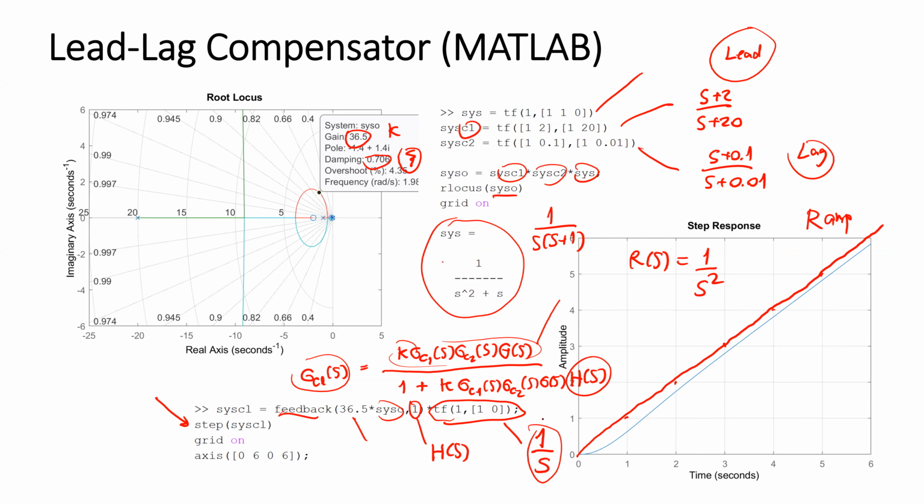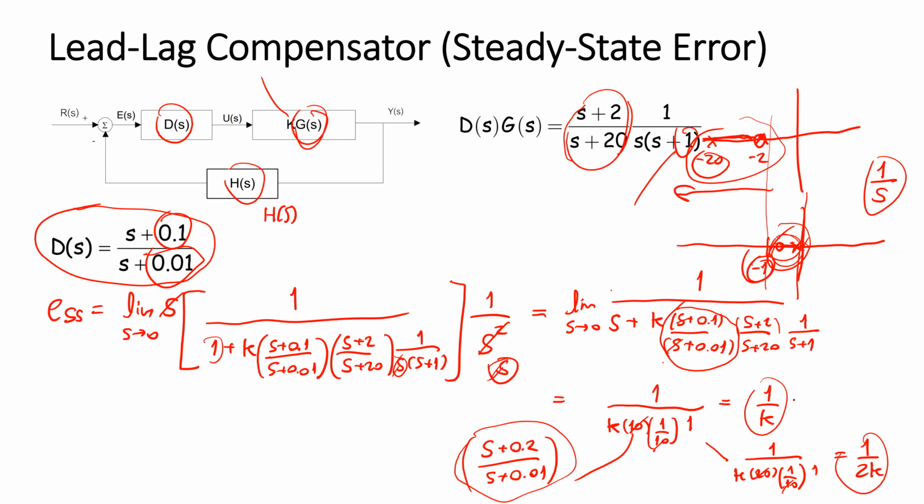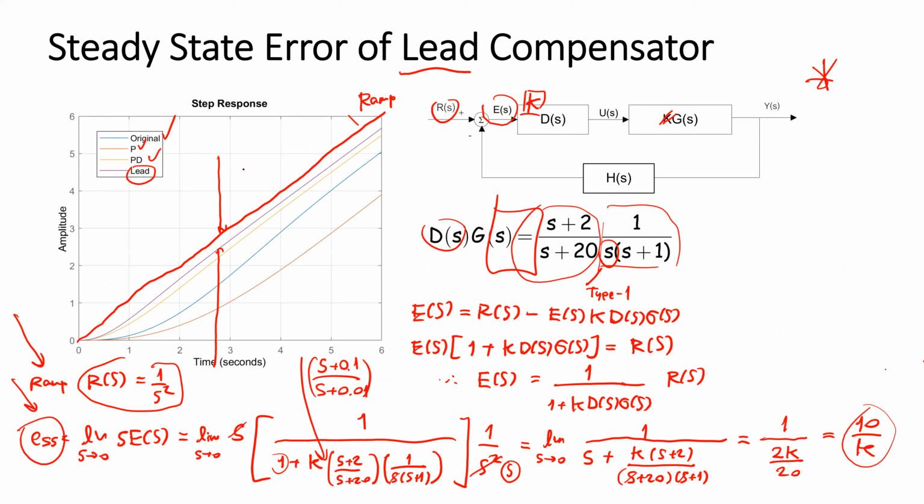And when we plot, we can see that with this lead lag compensator, we see a promising response, but we still have the steady state error, though maybe better than the lead only.